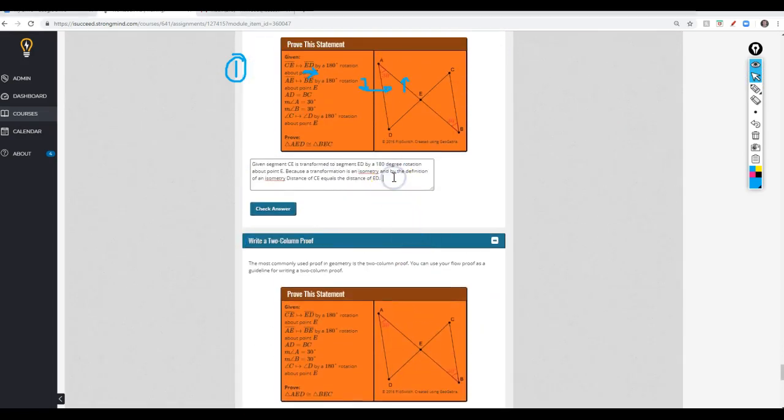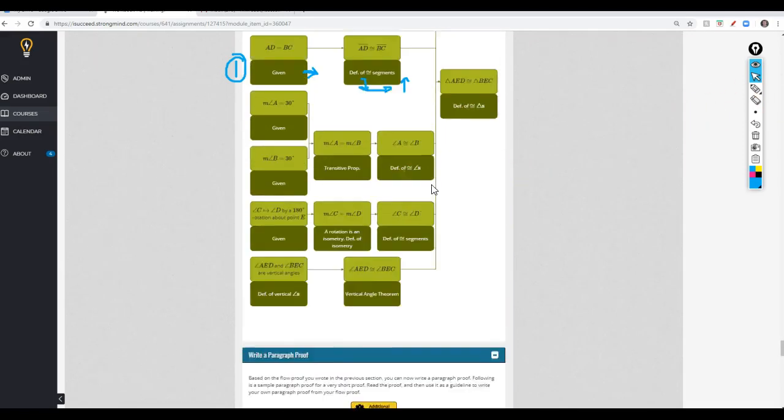So by definition of congruent segments, segment CE is congruent to segment ED, period. Okay, so that's our first part.